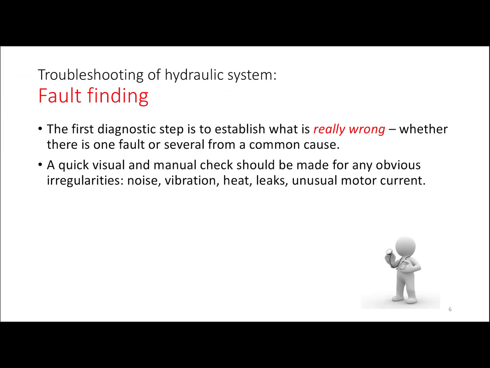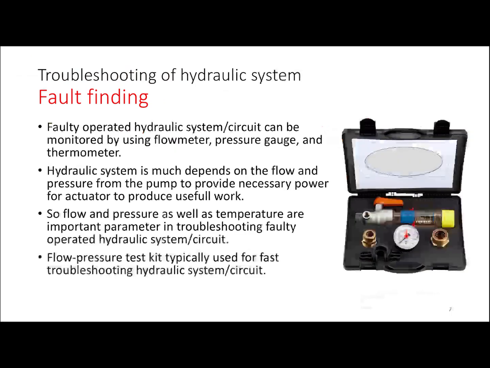Now if machinery already fails or has problems, the first step we have to take is to find what the problem is, usually known as fault finding, here in a hydraulic system. Several steps such as visual and manual checks should be made for any obvious irregularities. This can be done by checking the noise, the vibration, the heat, leaks, or any unusual motor current happening in our pumps and other components in the hydraulic system.